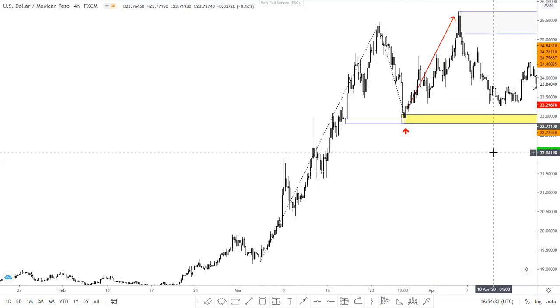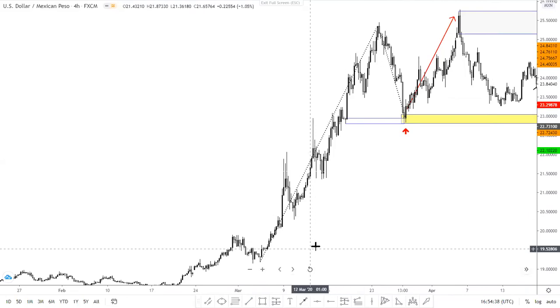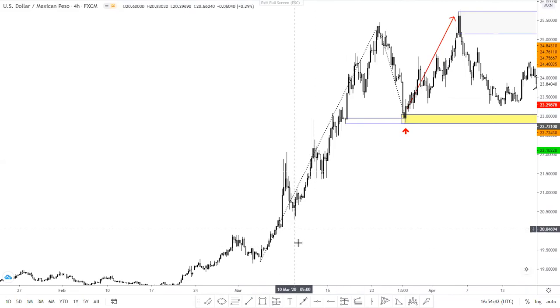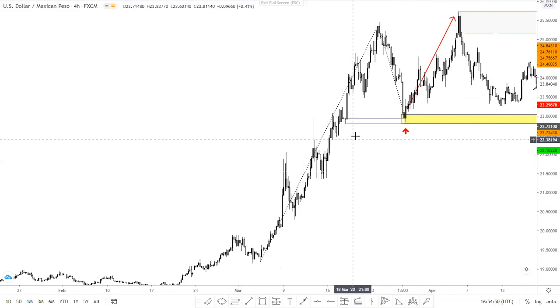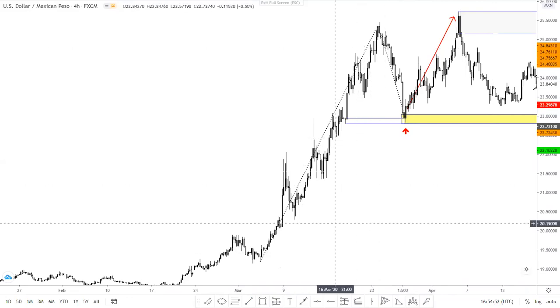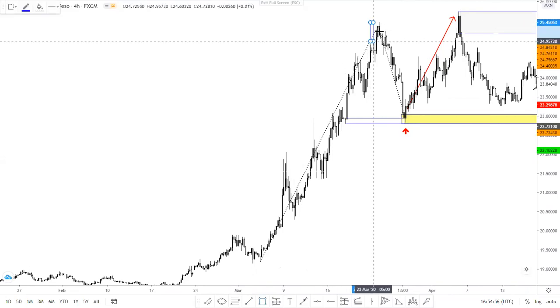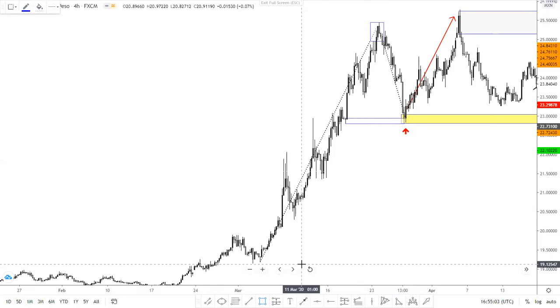So first of all, in order to do this, you need to identify 2 points. One of them is known as the swing high. The other is known as the swing low. What is a swing high? A swing high is the highest point displayed in a given time period. In this case, this is the highest point, isn't it? And where is the lowest point?